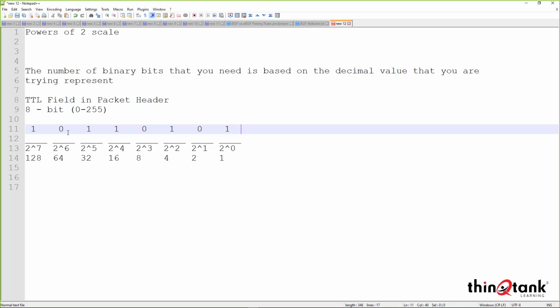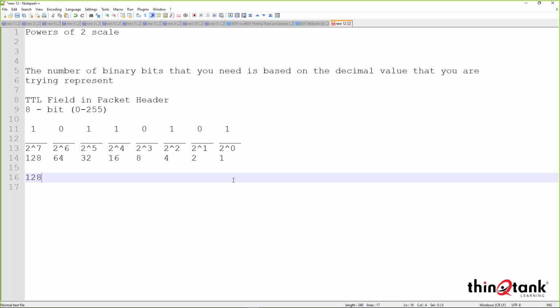Wherever there's a 1, you include that as part of the weight. So in this case 128 plus 32 plus 16 plus 4 plus 1 equals 181.